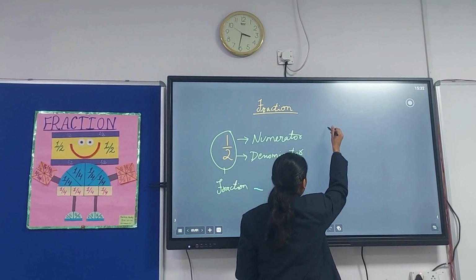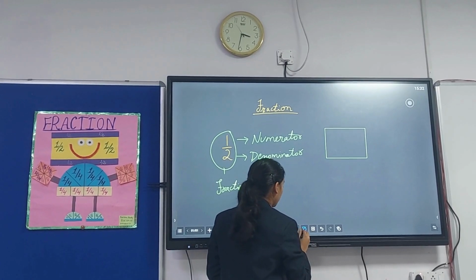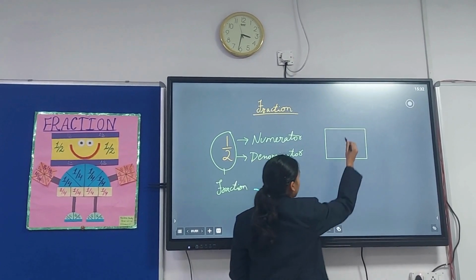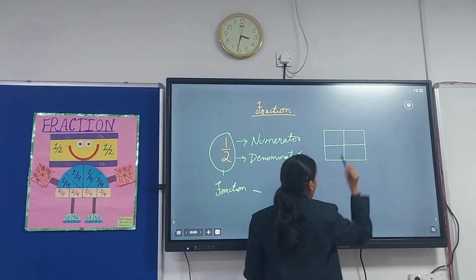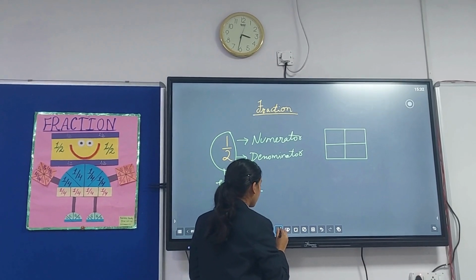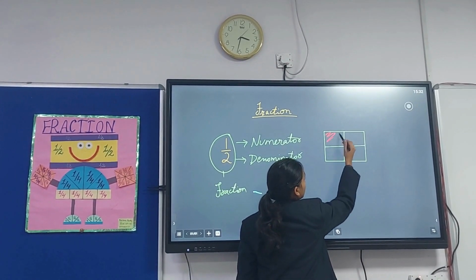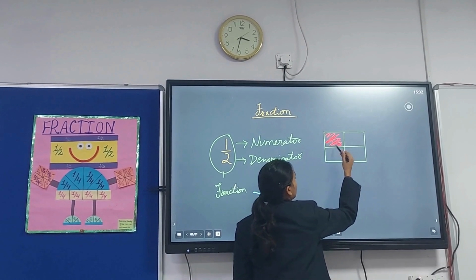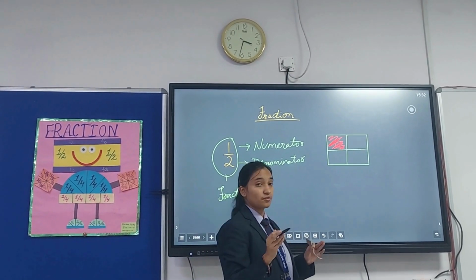Now, suppose I have a square. Okay. Now, I divide it into 4 equal parts. And now, I am shading one region. So now you have to find the fraction of the shaded region. How will you find it?